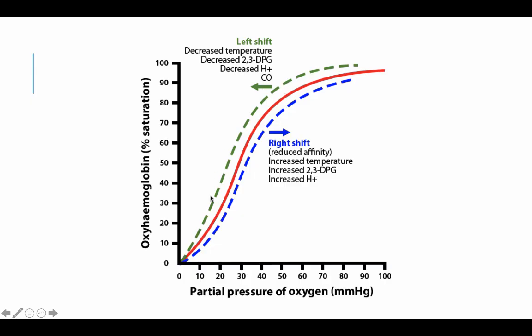Same thing with that left shift. So this alkalotic shift, a decreased hydrogen ion. So we're decreasing our acid, we're decreasing our CO2. So imagine some alkalotic state, and right there at a partial pressure of 60, we can follow that up.